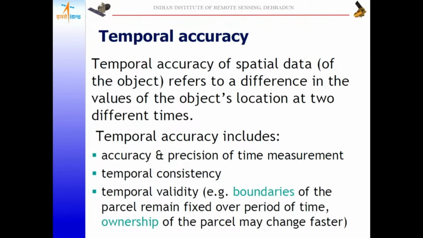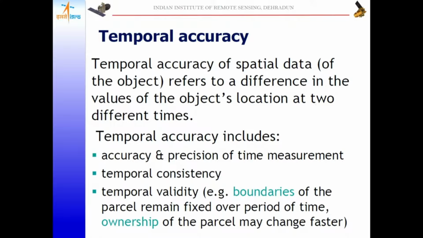Then temporal accuracy is also very important. Suppose you have to do a weather prediction kind of analysis, so you need half-hourly or hourly images, so the data should be consistent temporally. Temporal accuracy of spatial data refers to the difference in the values of object location at two different times, so how much difference there is.